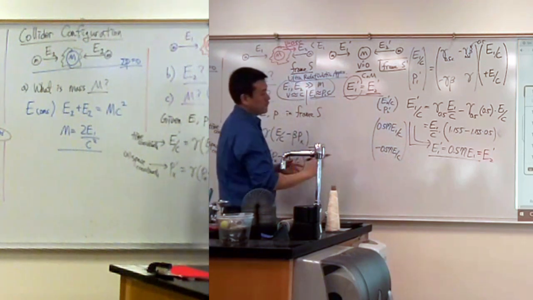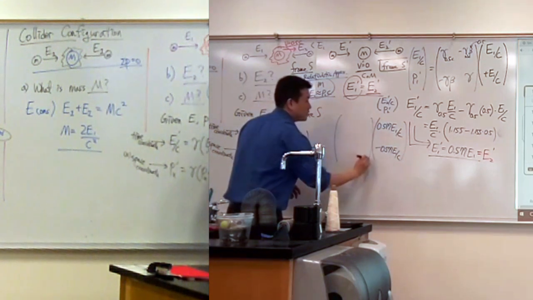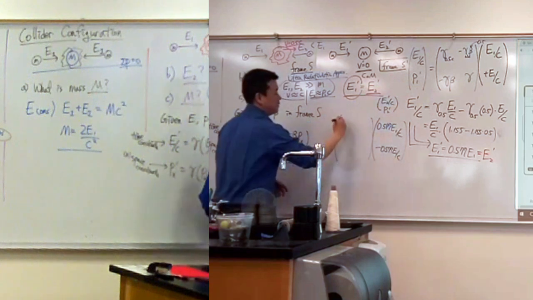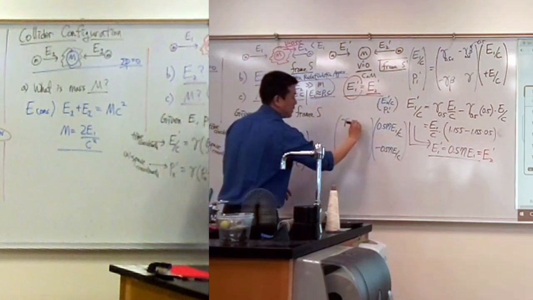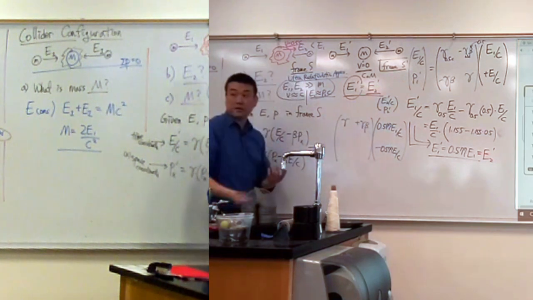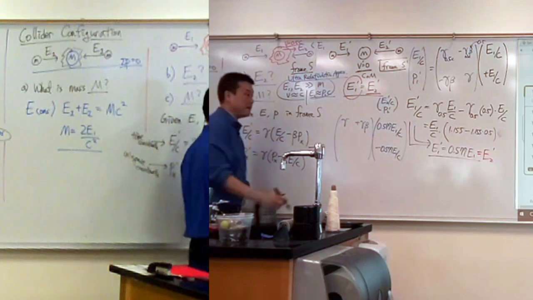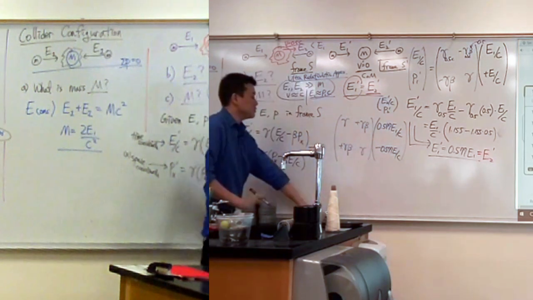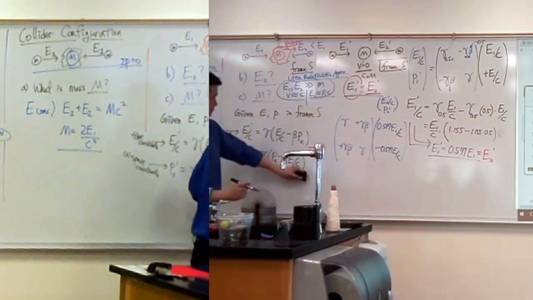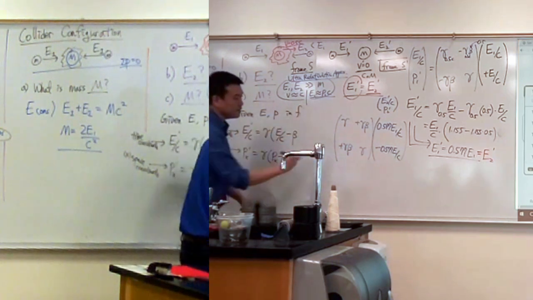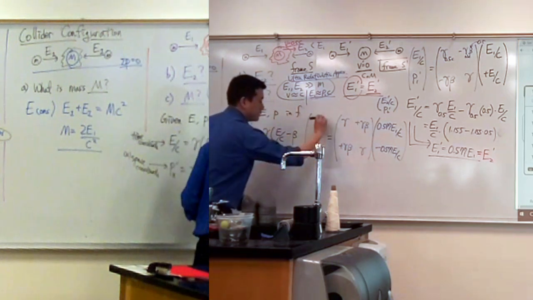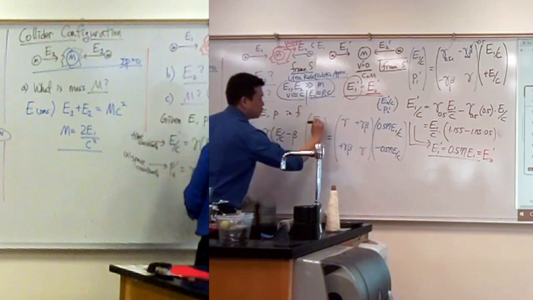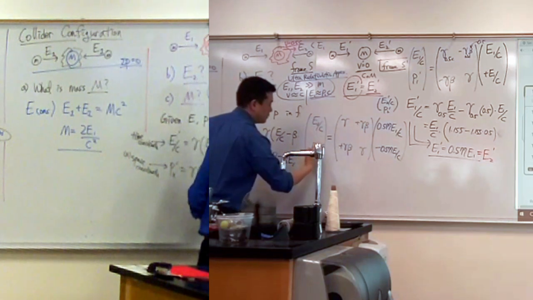The reverse transformation would be the same gamma and beta, but it'll be gamma times plus gamma beta, because I'm plugging in minus beta in place of beta, plus gamma beta, gamma. And the result you get here is going to be E2 over C and P2.